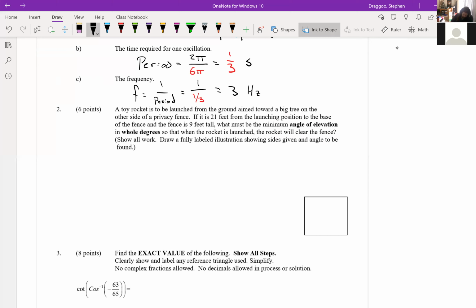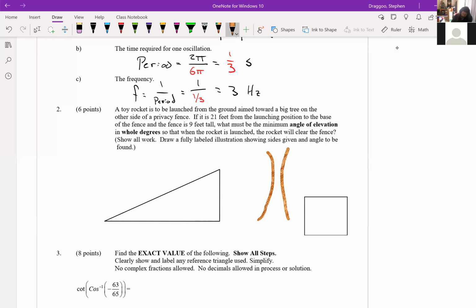So if we draw ourselves a triangle, kind of like this one, and we label some stuff on here. First, we're aiming at a tree, if we were so inclined to draw that in.